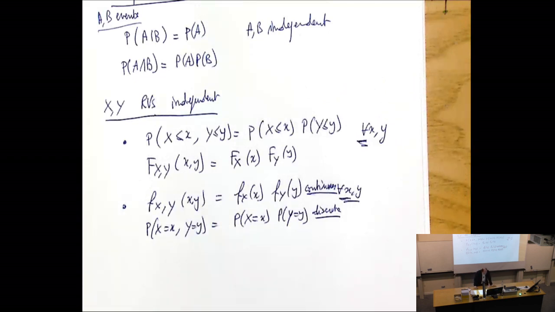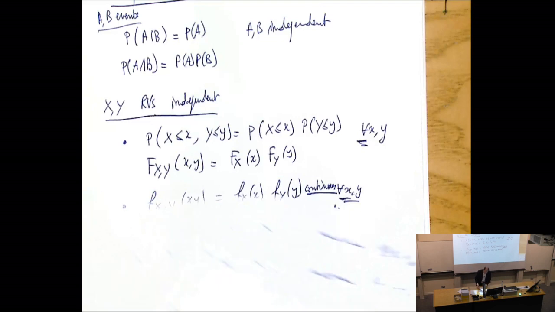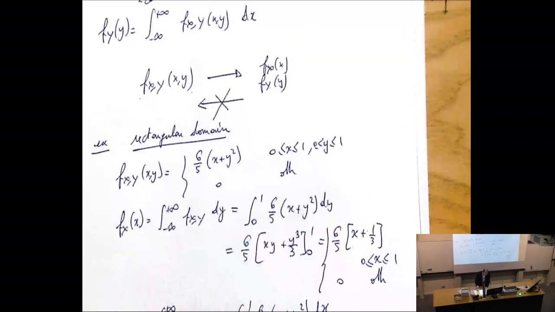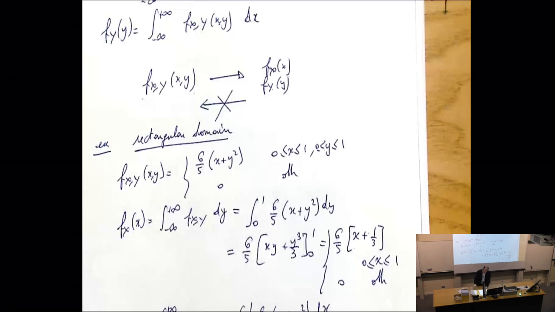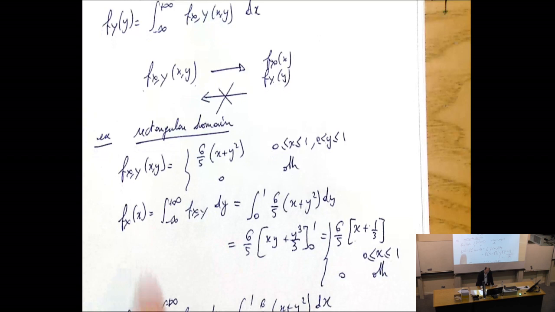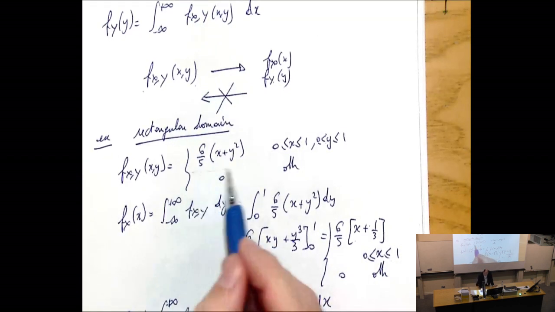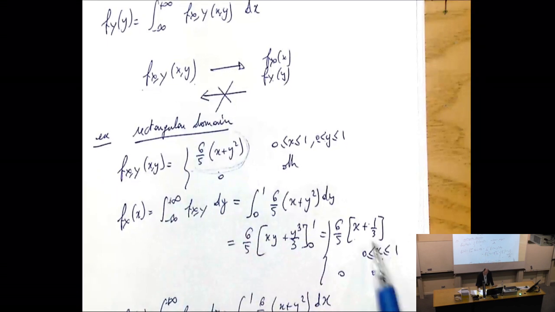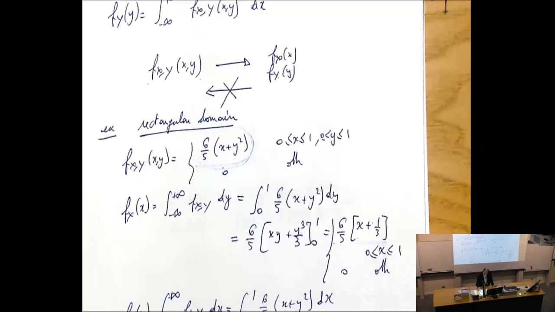Good, so we had this example earlier on in the module, right? We had this example here. You can look at that and ask, are X and Y here independent or not? To see whether they're independent, you would have to check whether this quantity is equal to the product of this with that.